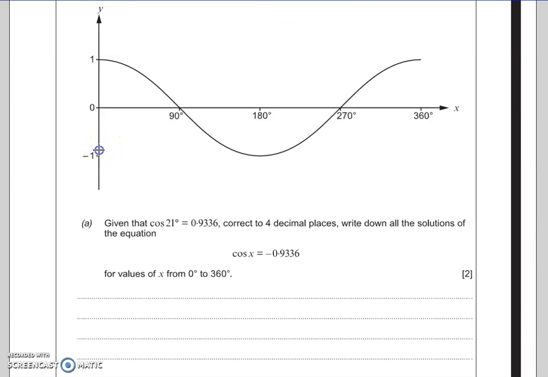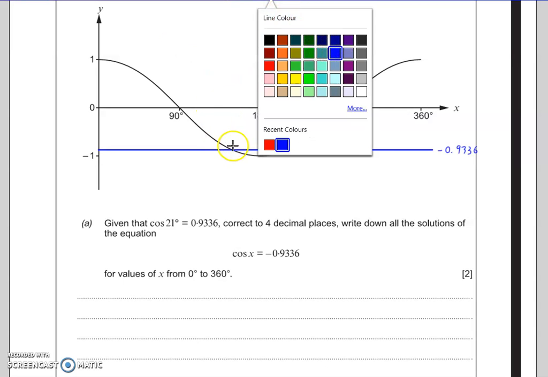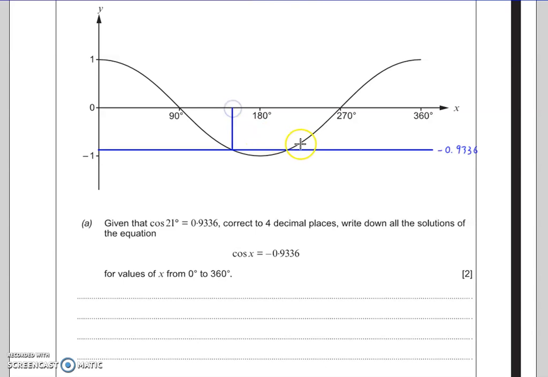I always suggest you draw a line on because it helps to visualize the problem a little bit better. So minus 0.9336. Okay, and we've got two solutions. We can see those. So mark those, one between 90 and 180, and another between 180 and 270.